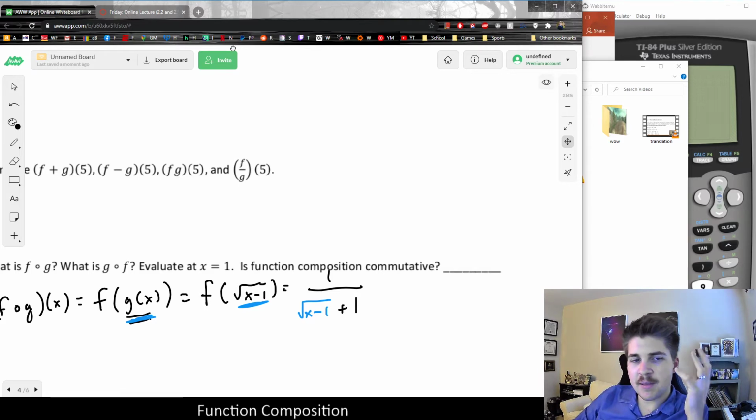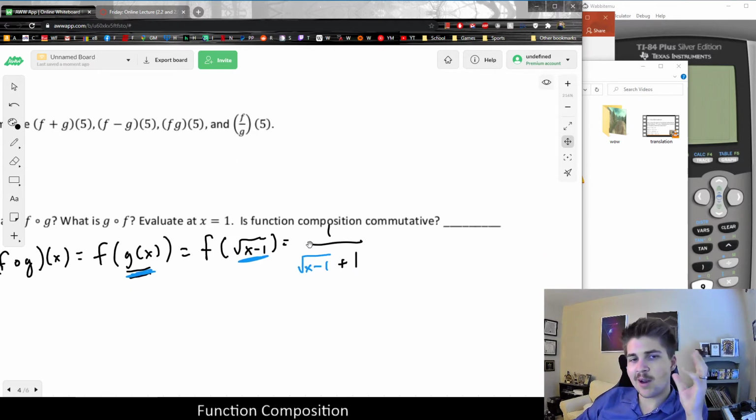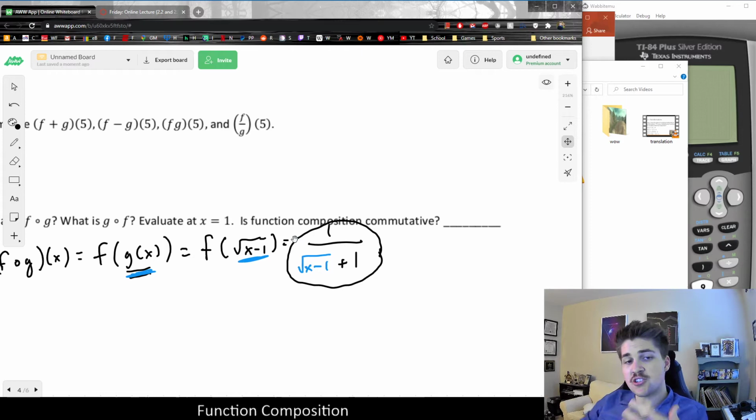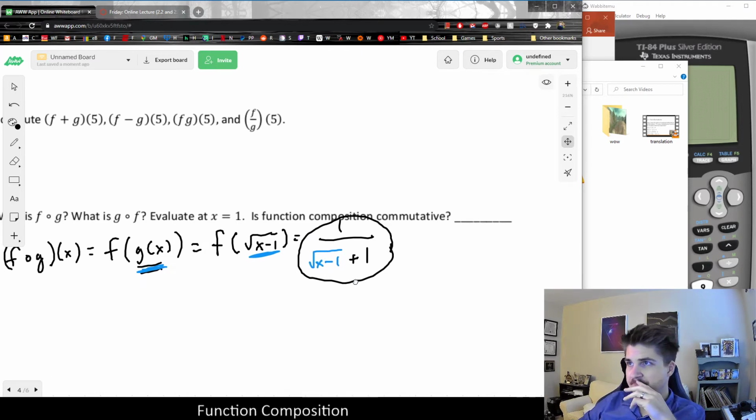If this is a little hard to understand, what I recommend is just replacing x in f with this, because that's exactly what will happen. Usually if I'm doing f of 3, I change x to 3. Here I'm changing x to the whole thing. And then this would give me my composition of f and g.